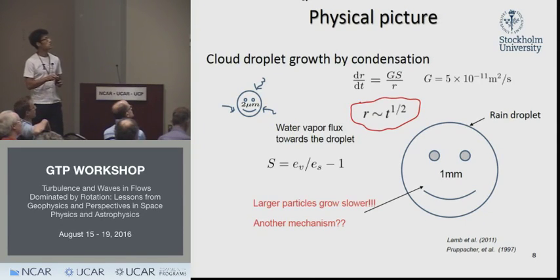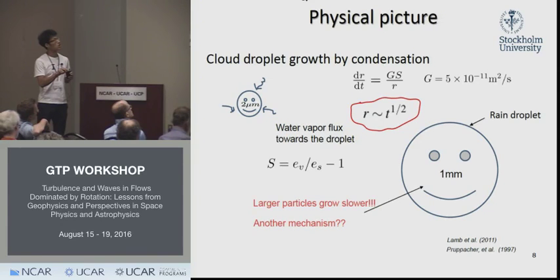The basic physical picture of the condensation process is that if you have existing cloud droplets, the water molecules will just condense on the cloud droplets as long as the environment becomes supersaturated. Here we have a water vapor flux towards the droplet, and to conserve mass, the water vapor flux is constant.